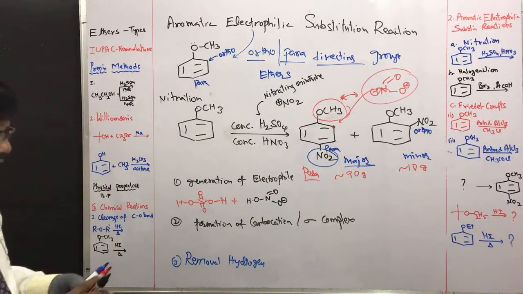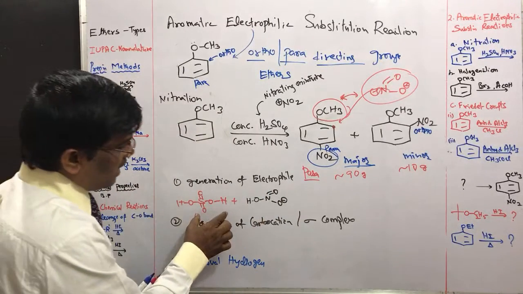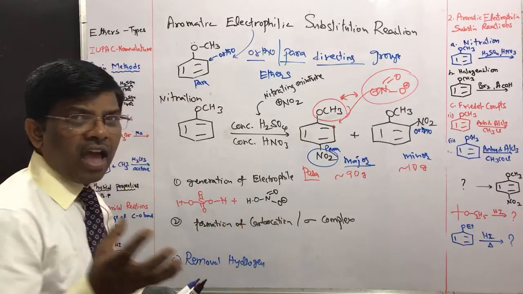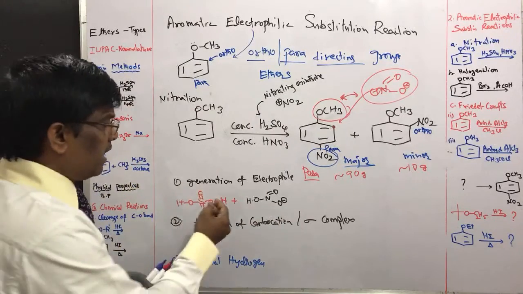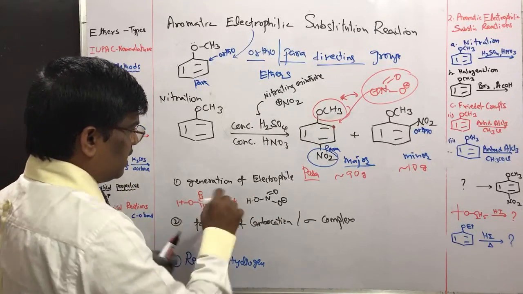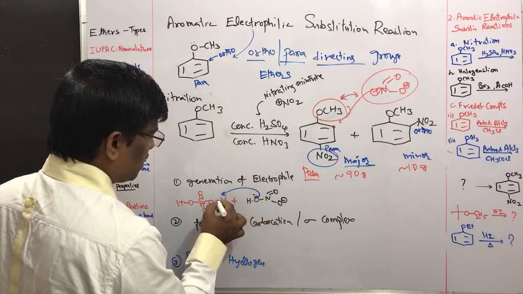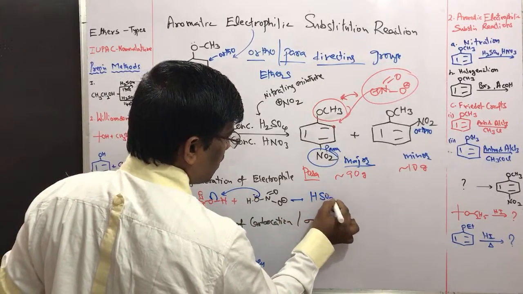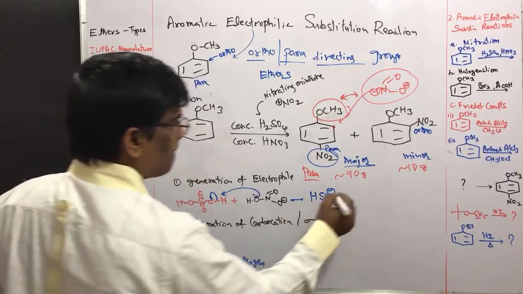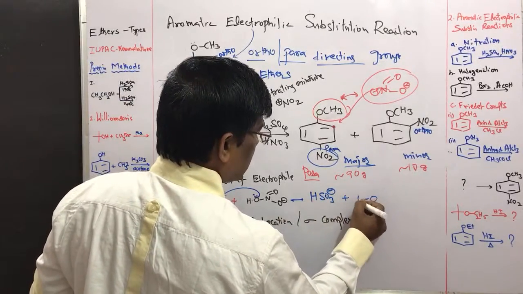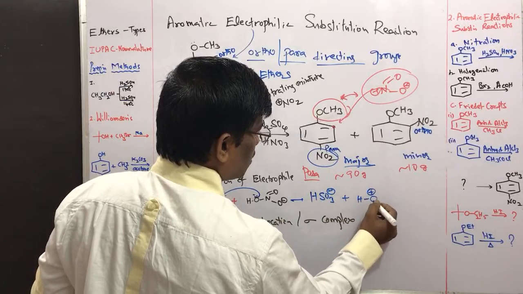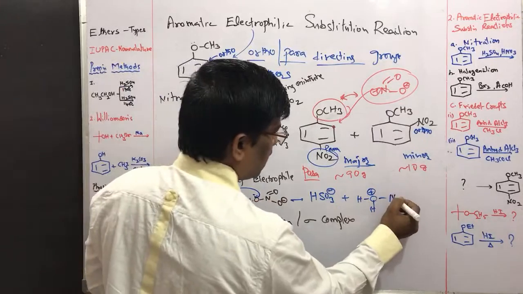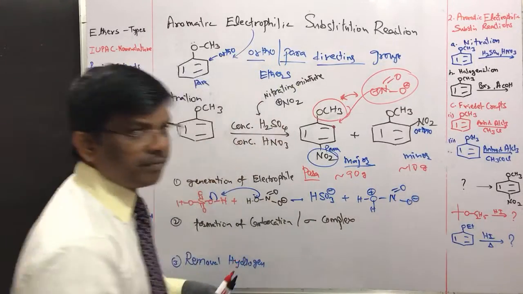In this case, sulfuric acid is going to act as an acid and HNO3 is going to act as a base, taking a proton from sulfuric acid to give HSO4 minus plus H positive charge, the hydrogen from sulfuric acid, and NO3 minus.